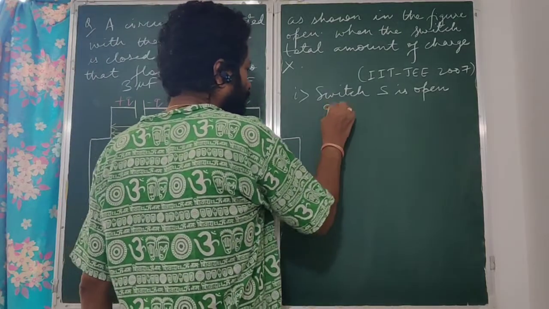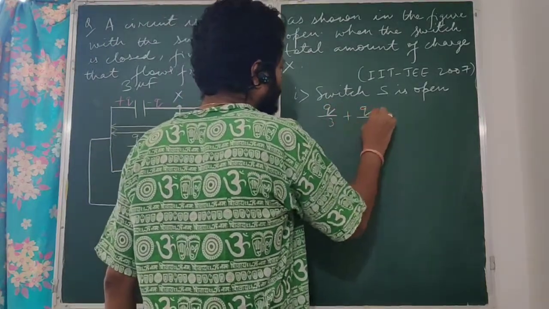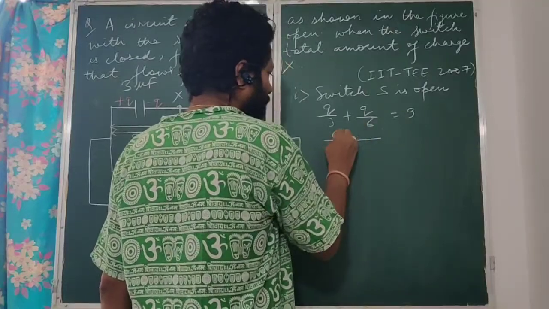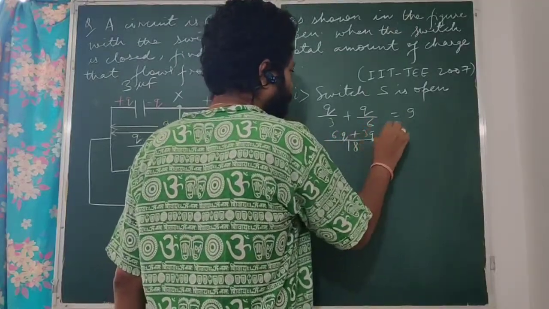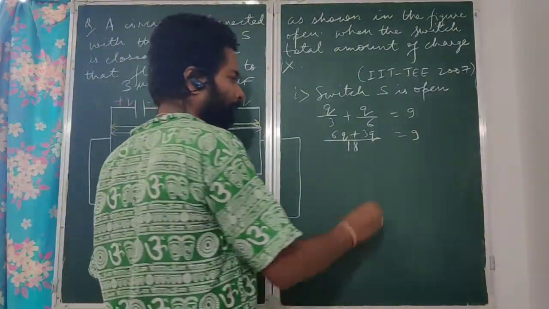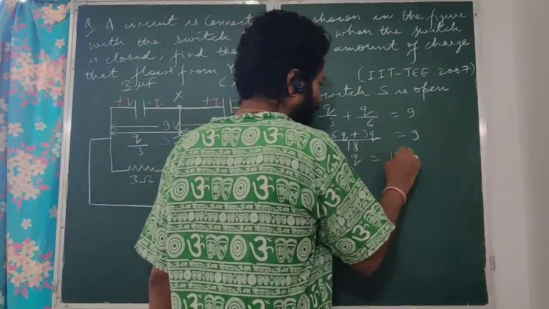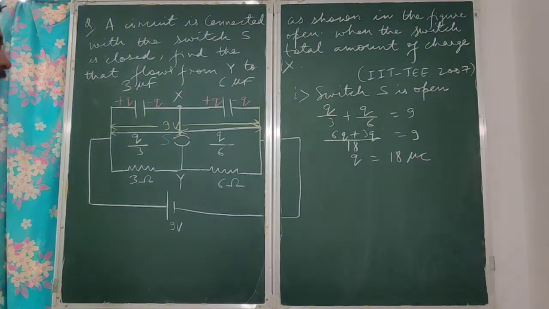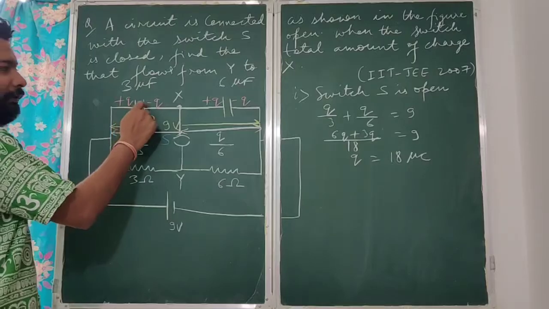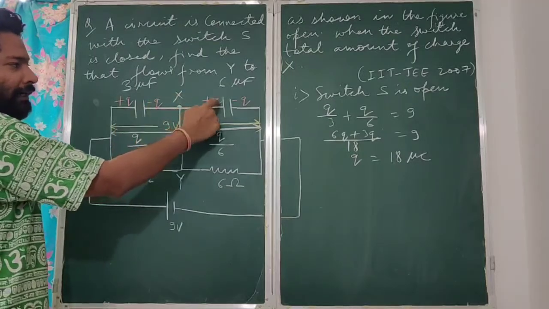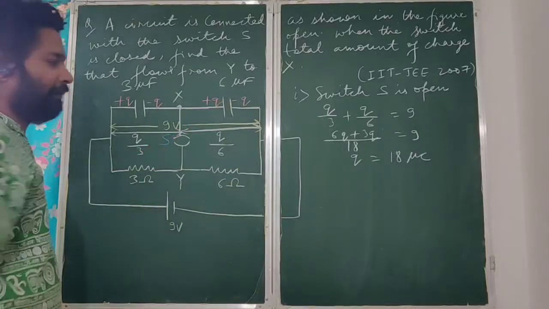So we write it, Q by 3 plus Q by 6, this must be equal to 9. What is Q? Q is equal to 18 microcoulomb. So you can see on this plate you will have initial charge of minus 18 microcoulomb and here you will have plus 18 microcoulomb.